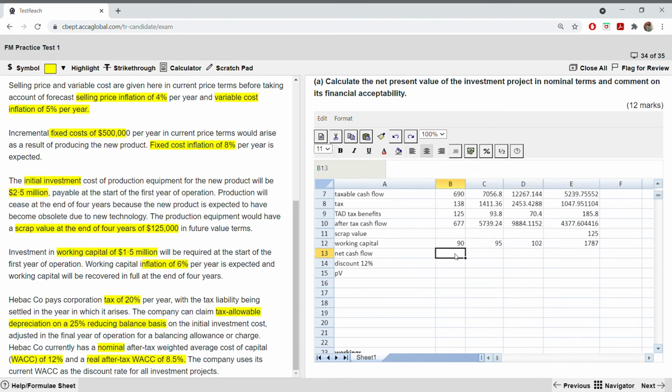Now when we are going to the net cash flow, we have to deduct the working capital, okay, for the first 3 years. So equal to after tax cash flow minus working capital. Here you need to do it separately.